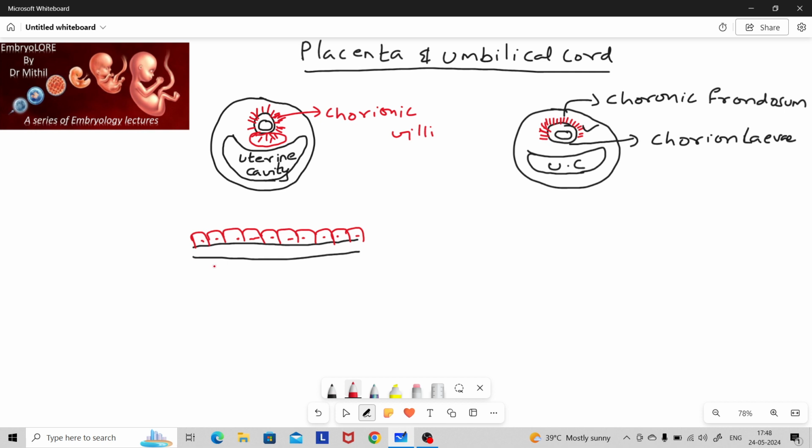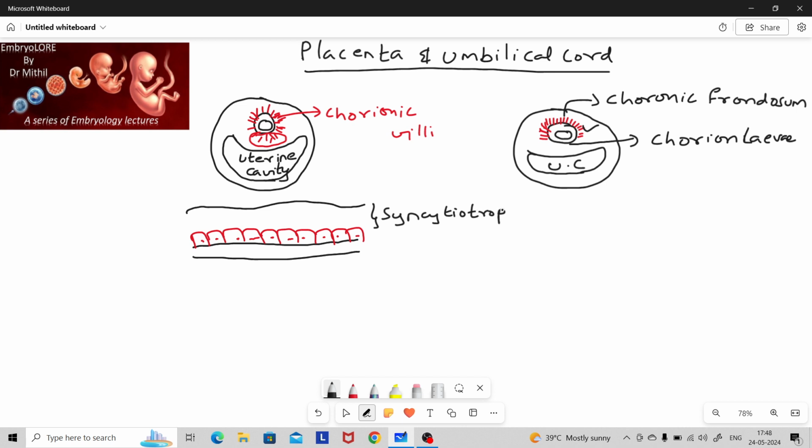And above it, once again for differentiation, is the layer which has lost its cell membrane, and that is why we call this the syncytiotrophoblast.